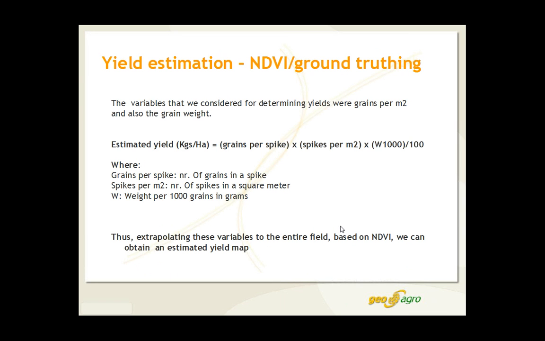One example, when we say yield estimation, we can use regional models, or we can use a combination of NDVI and direct observations in the field, which is a combination of NDVI and ground truthing. We'll be moving forward towards regional models, which are much quicker and more cost-effective. But for now, because we want to make sure that the assessments are correct, and because it is fairly new, we recommend doing ground truthing.